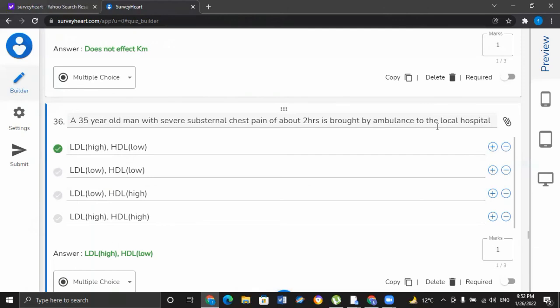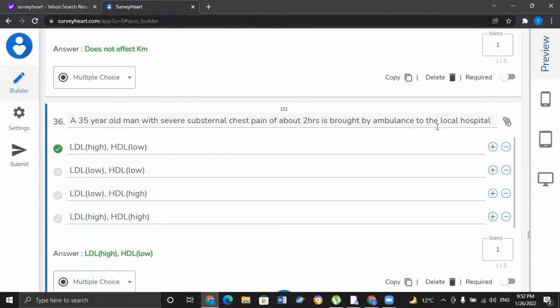When we talk about myocardial infarction, it is related to LDL. If a patient has a high concentration of low density lipid in his or her blood, he is more at risk of myocardial infarction or heart disease. While HDL stands for high density lipid, you can also call it healthy lipid.